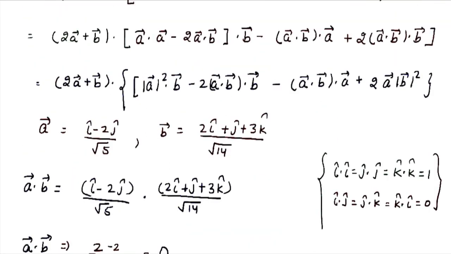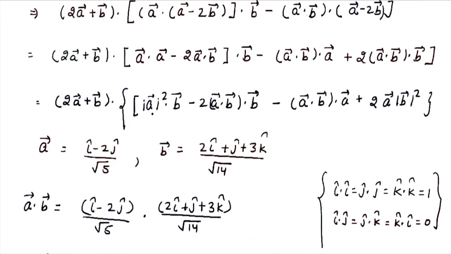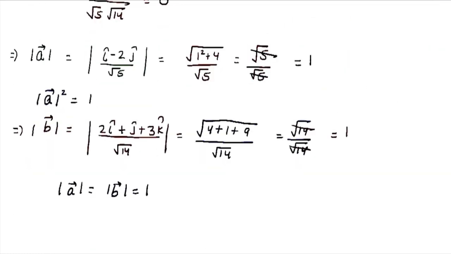Now we have to solve this equation. Here we have to put the value of magnitude A vector whole square, A vector dot B vector, and also put the value of magnitude B vector whole square. Now we have 2A vector plus B vector, dot product with the value we are putting here.